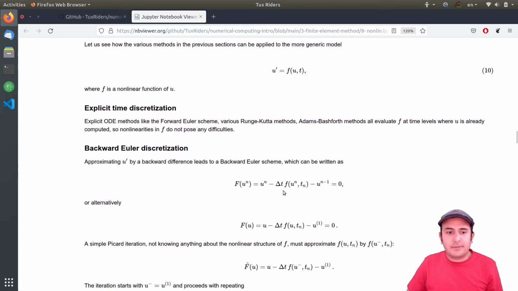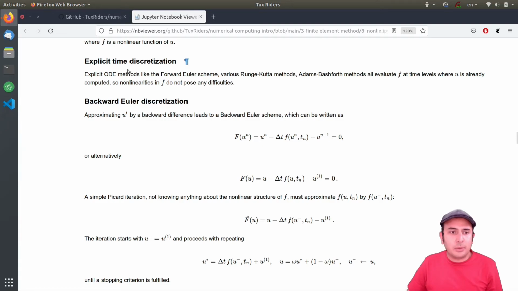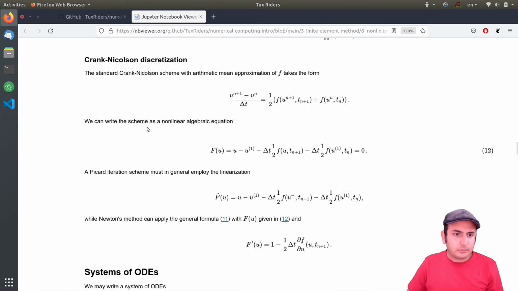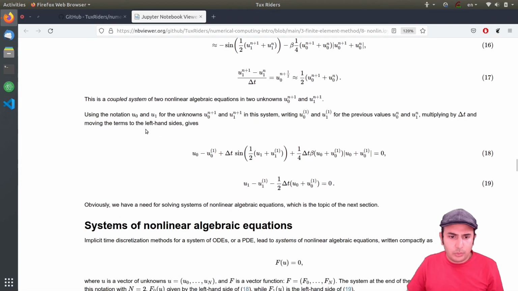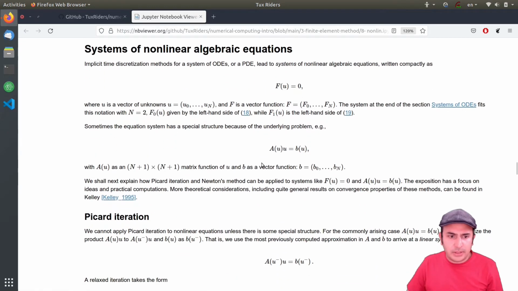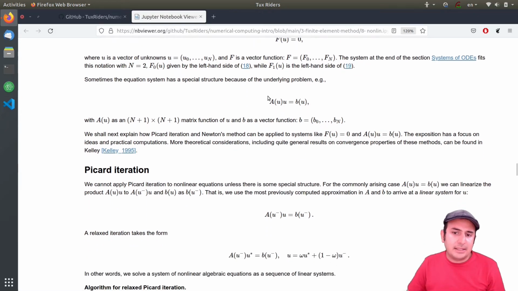You can see here that, for example, for backward Euler, so this is for time discretization, but let me go for system of ODEs. This is a non-linear system of algebraic equations. It doesn't matter if it is a system or not, but you can see that here we have F(U), and then this is non-linear.